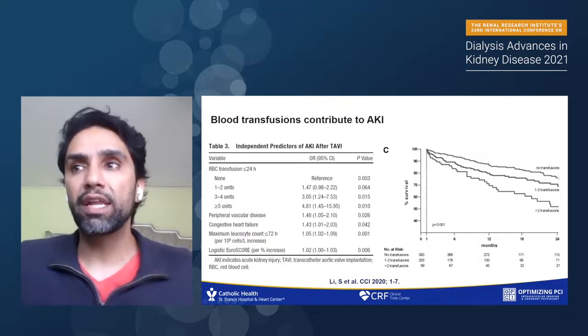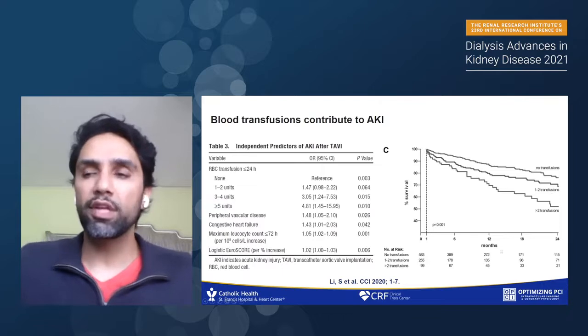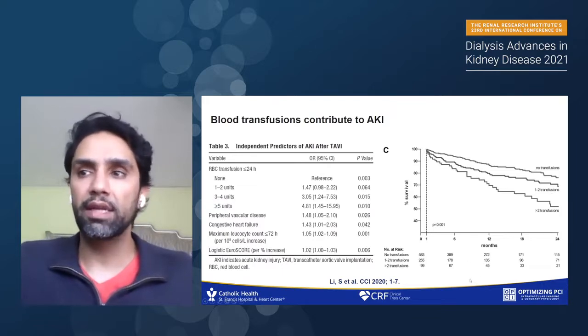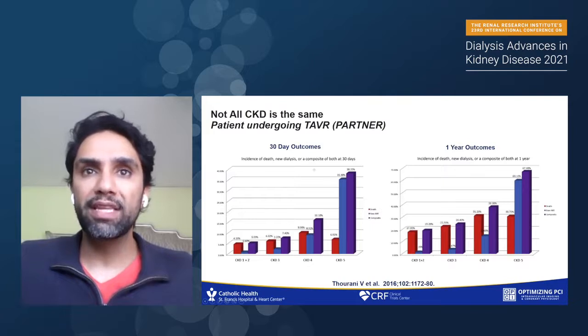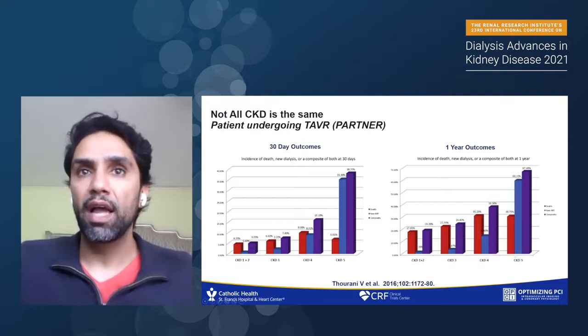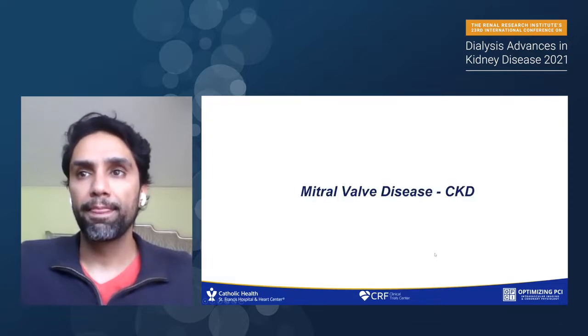And that increase in bleeding complication leads to an increase in transfusions, and many studies over the years have shown an increased risk of mortality in patients who have increased risk of transfusions. Again, if we look at this data of patients in the partner registry, you'll see that the risk is very high at both 30 days and 1 year.